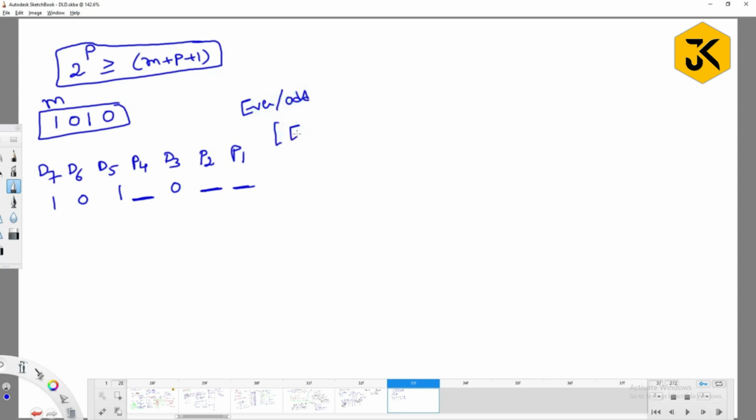Assuming for the time being that I follow even parity, P1 value defines P1, P1, you have to leave out one location, then include D3, leave out one location, then D5, then leave out one location, then D7.